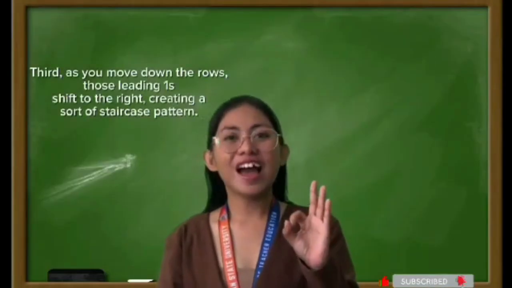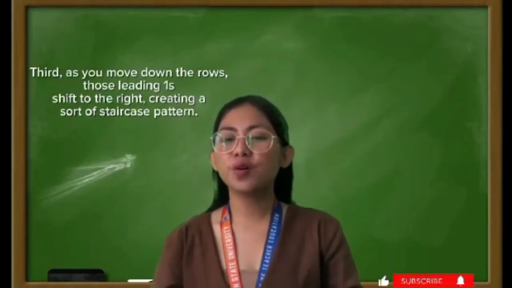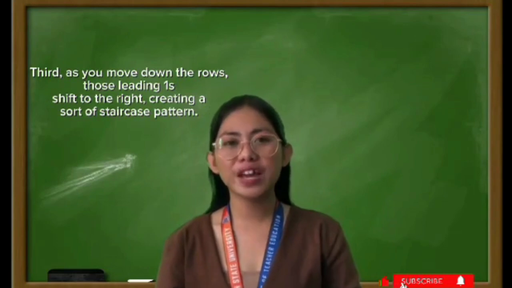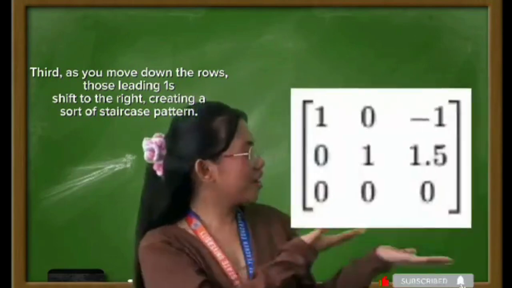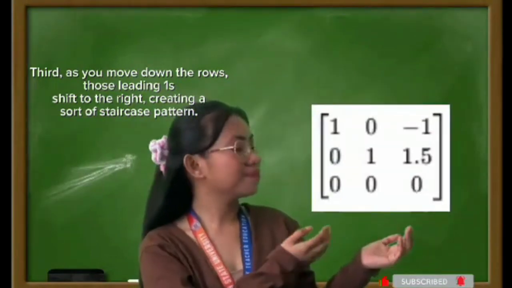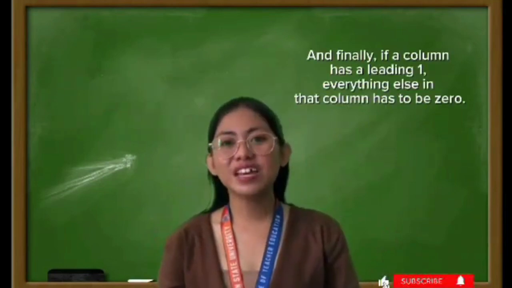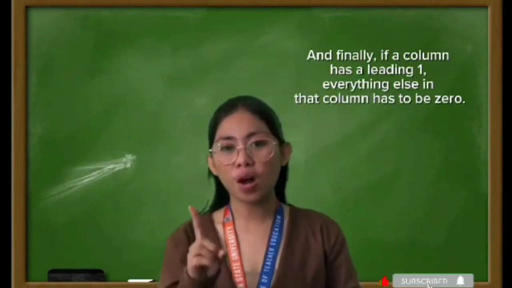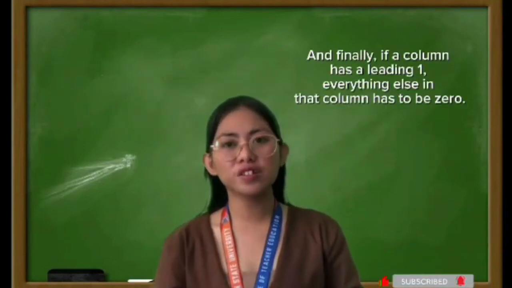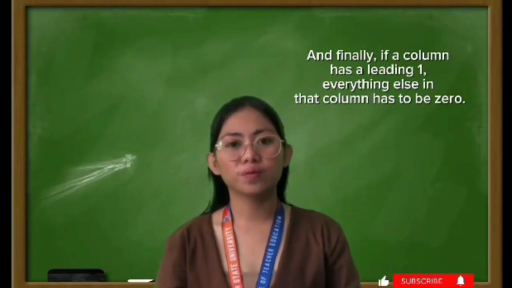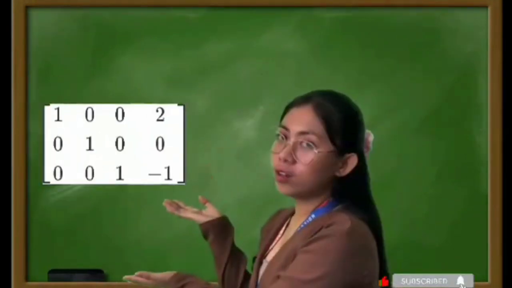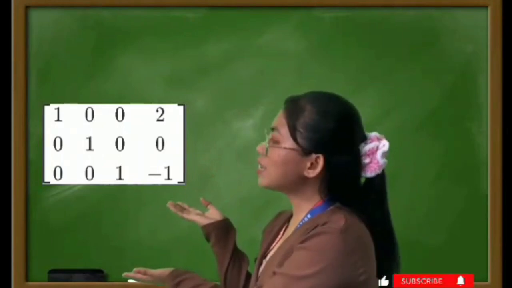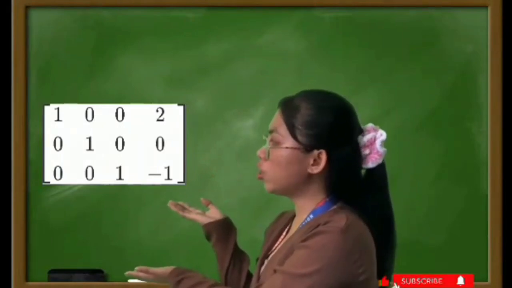Look at this. Third, as you move down the rows, those leading ones shift to the right, creating a sort of staircase pattern. And finally, if a column has a leading 1, everything else in that column has to be 0. Overall, this is an example of reduced row echelon form.